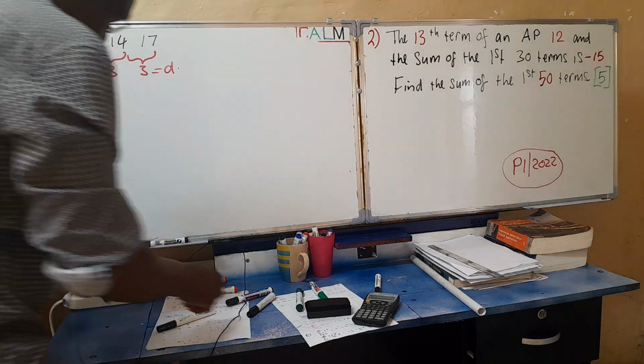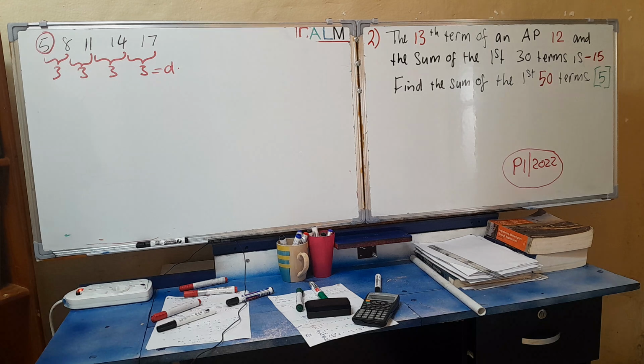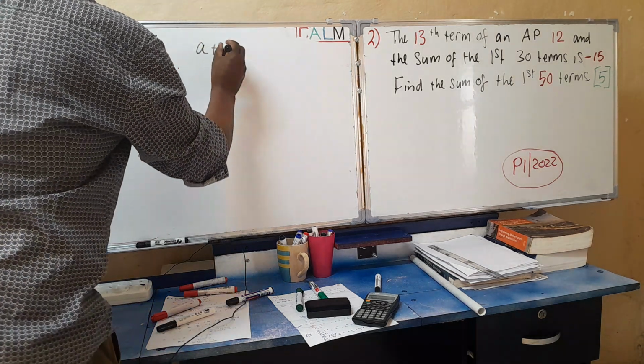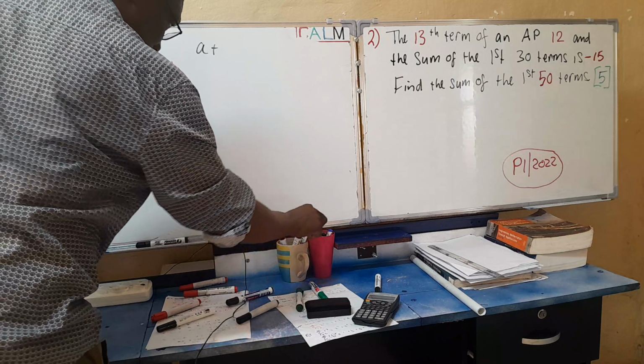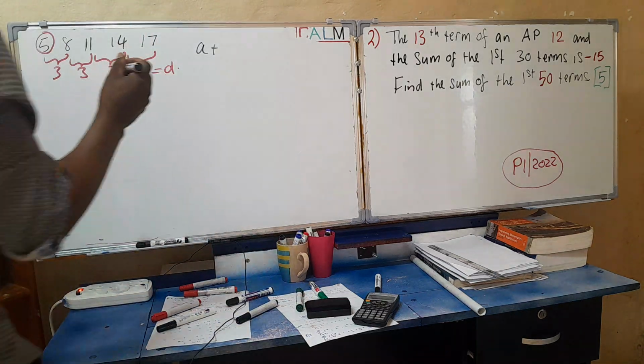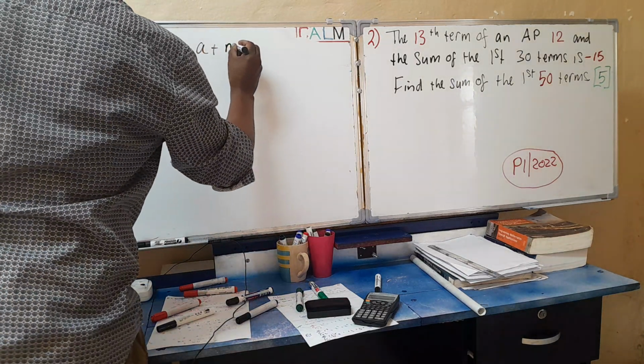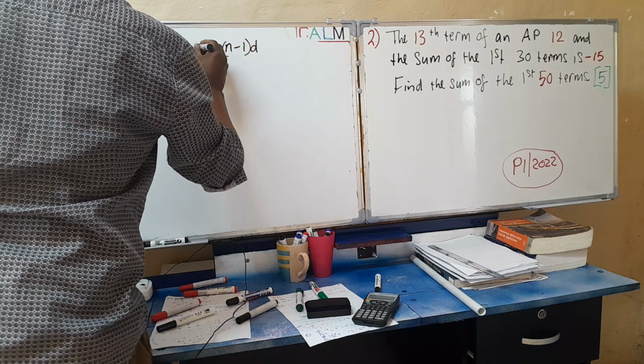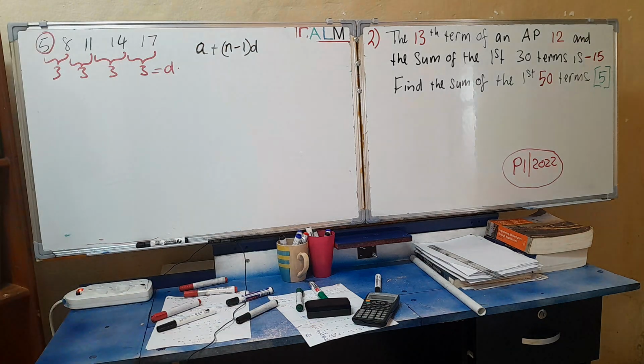So the general term of an arithmetic progression is written as A plus n minus 1 times d, where A, of course, is your first term, and d is the common difference.